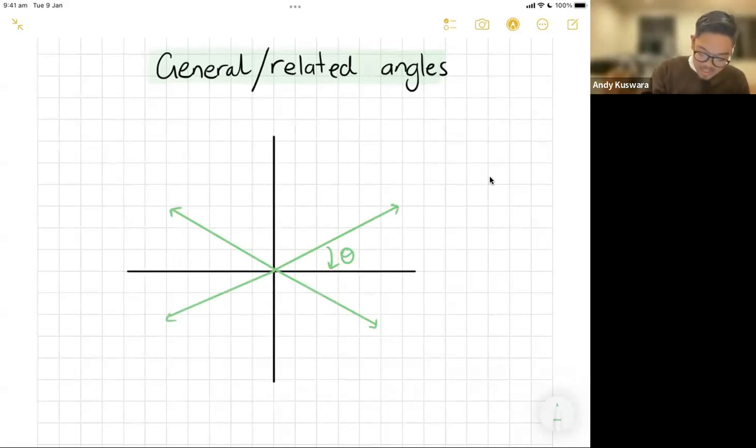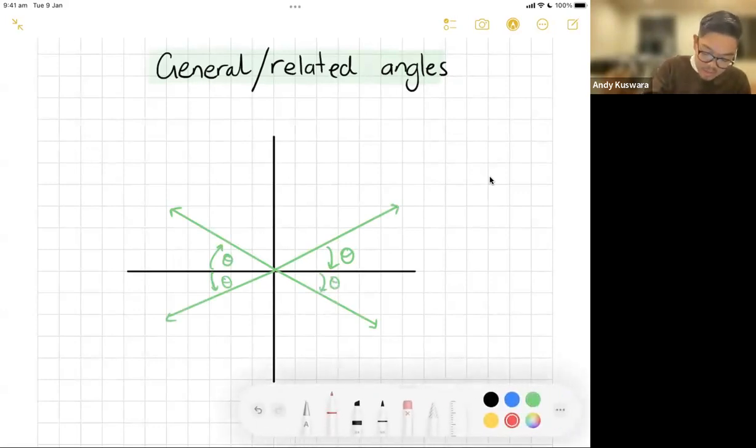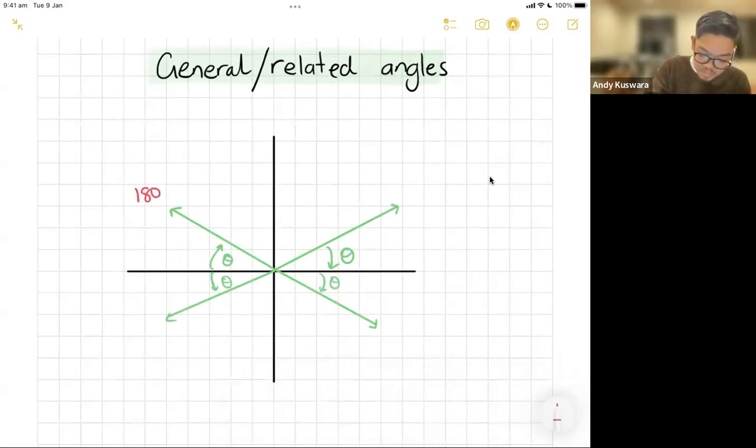Puppy. So here, that's also going to be theta. That's also going to be theta. And that's also going to be theta. The only difference is that now in this quadrant, this is going to be 180 minus theta. This angle here will be 180 plus theta. And this angle here is going to be 360 minus theta.